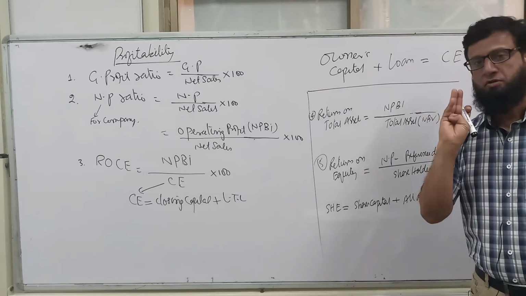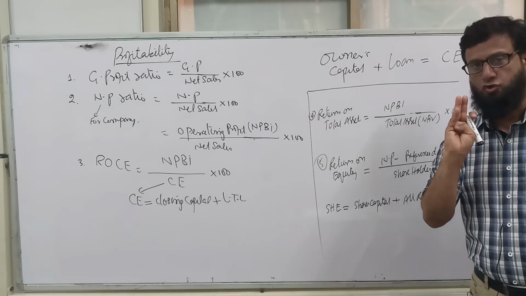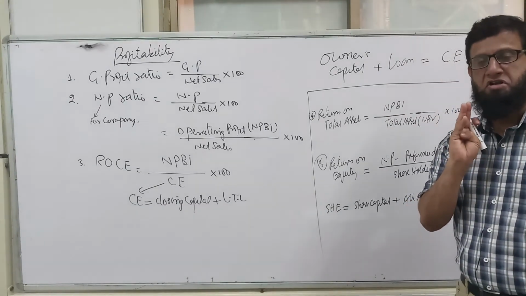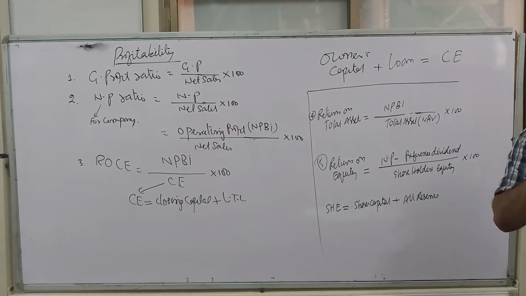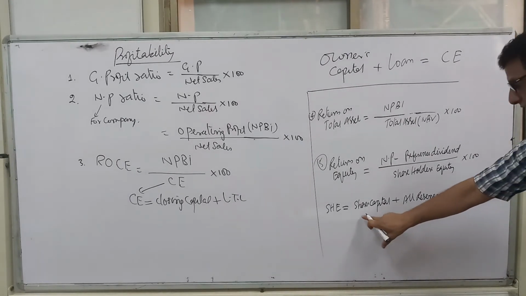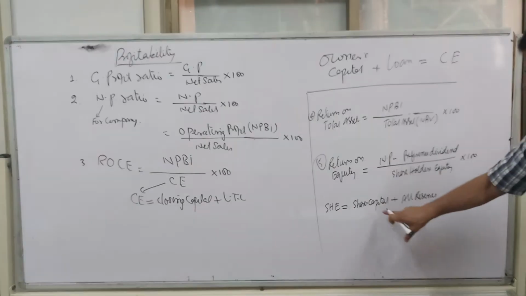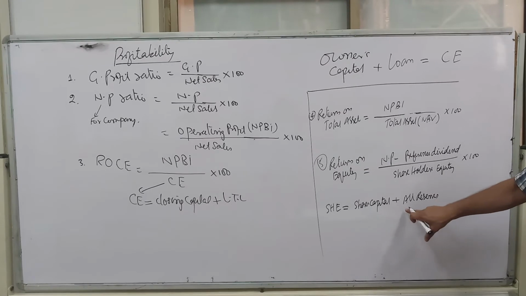Capital reserves are the share premium and the revaluation reserve, and the revenue reserves are retained earnings and the general reserve, right? So I'm writing the condensed, short formula: shareholder equity is equal to share capital plus all reserves.